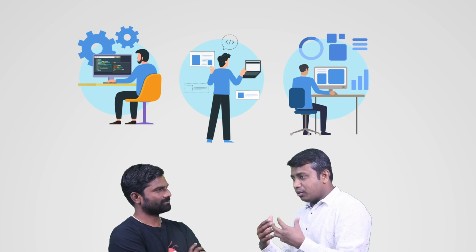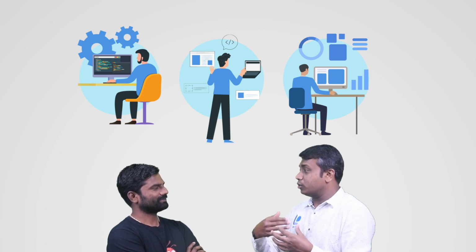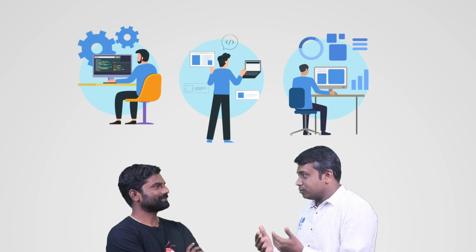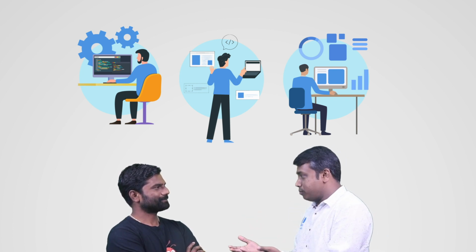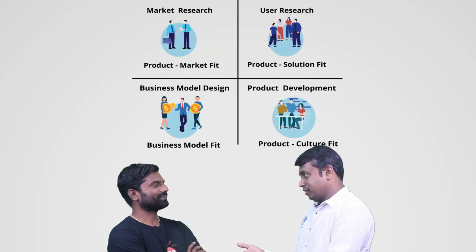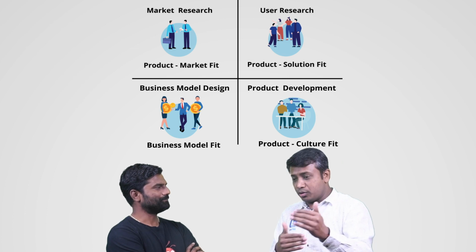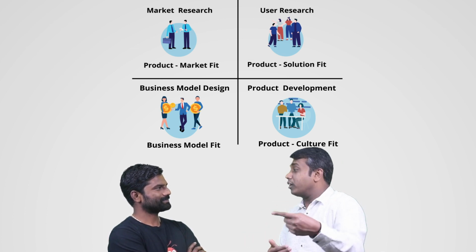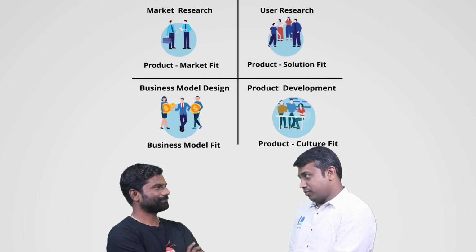So based on who has more say in how the product looks, your culture might also vary. Who has the autonomy more? So that could be like a product culture fit. Based on what kind of product you build, you might have to build a different type of culture to go there faster. So that is product culture fit.